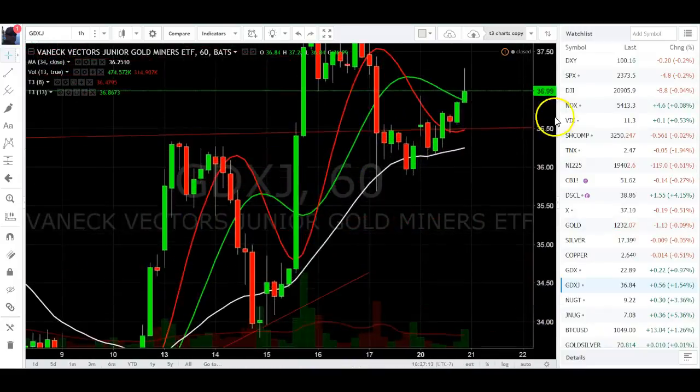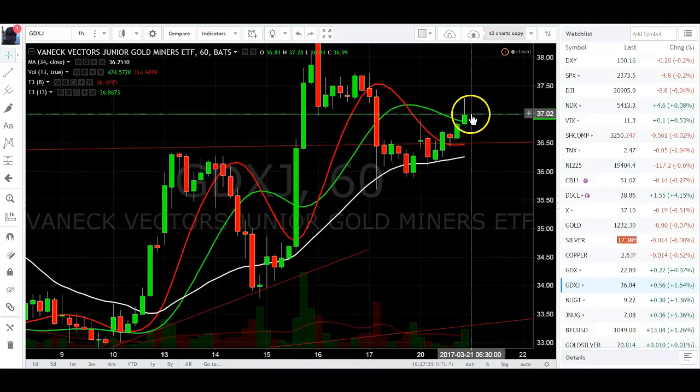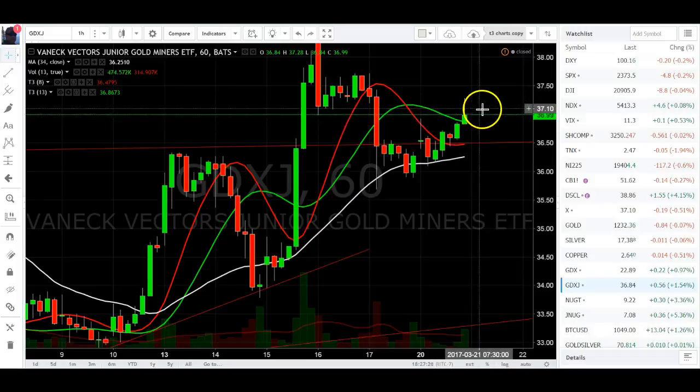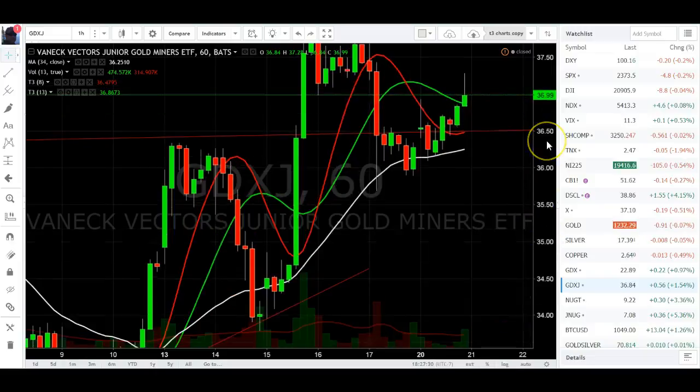Not perfect because the wick is not long enough. Well, I don't know. Could be very close. Always use a 2.5 of the body. But that looks pretty darn close. So I'll just have to tack it in there as being on the line.